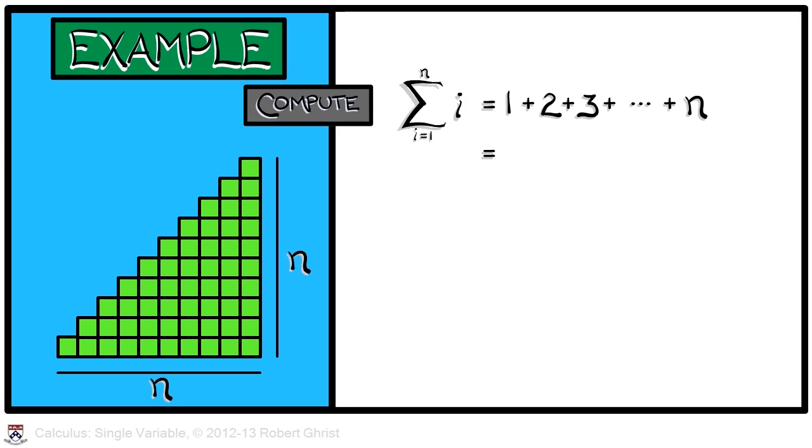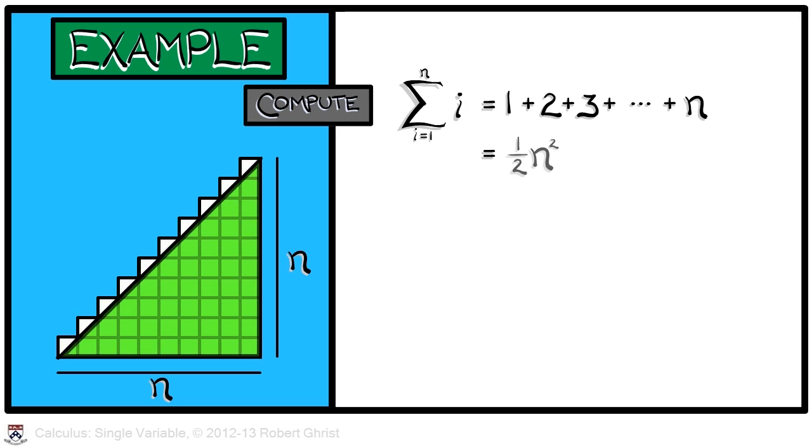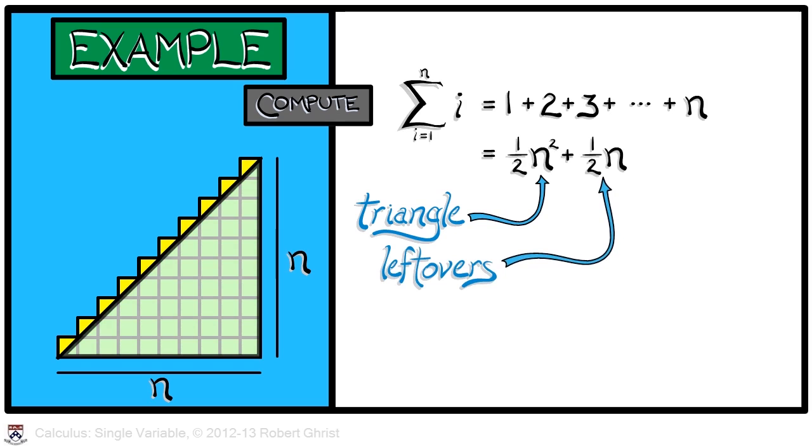What is the sum represented as an area? Well, the area of the triangle would be 1/2 n times n. But this ignores a few small leftover triangles, each with area 1/2. How many are there? Well, of course, there are n such leftover triangles. That yields a net area of 1/2 n times (n plus 1).